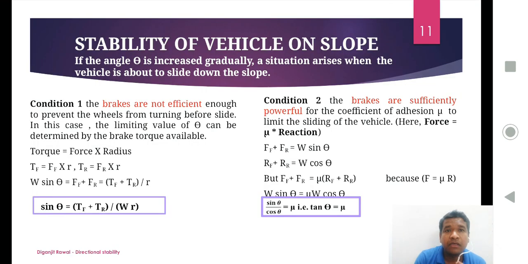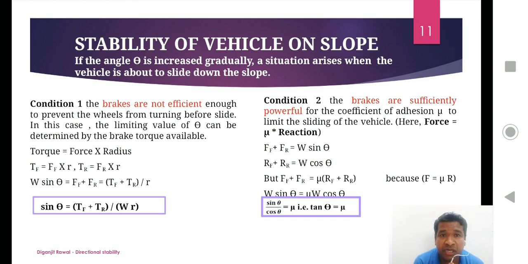Next, here we have to summarize the situation 2, the stability of vehicle on slope. In situation 2, if the angle theta is increased gradually, a situation arises when the vehicle is about to slide down the slope. At that time, condition 1 is brakes are not efficient. Condition 2 is brakes are sufficiently powerful.